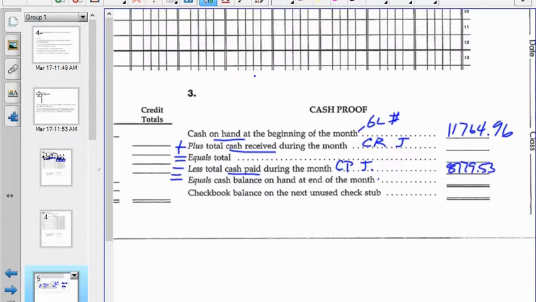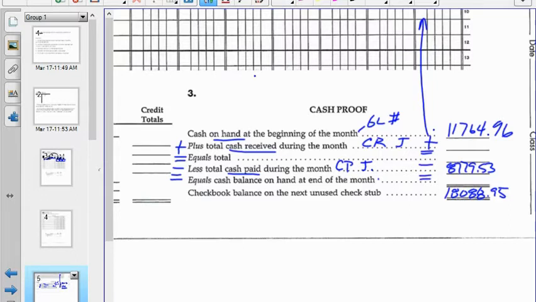I go on to say on October 31st, the balance of the next unused check stub was $18,088.95. So I have to find a way to get from my $11,000 at the beginning of the month plus my cash receipt journal. That's my number up there. Equals. Then minus my cash payment journal, which I'm going to have to go look up, and then equals.